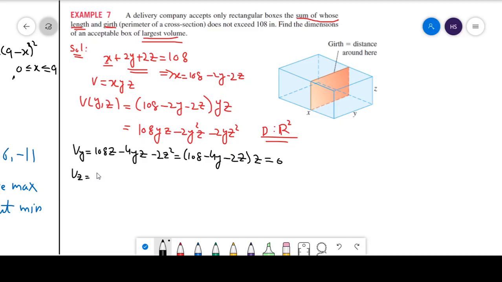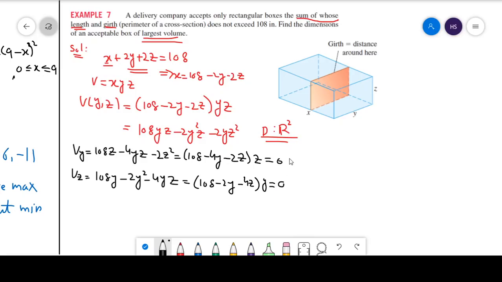So with respect to z, it will become 108y minus 2y square minus 4yz. We can take y as a common factor, and since it is a polynomial it can never be undefined, so it will be equal to 0.